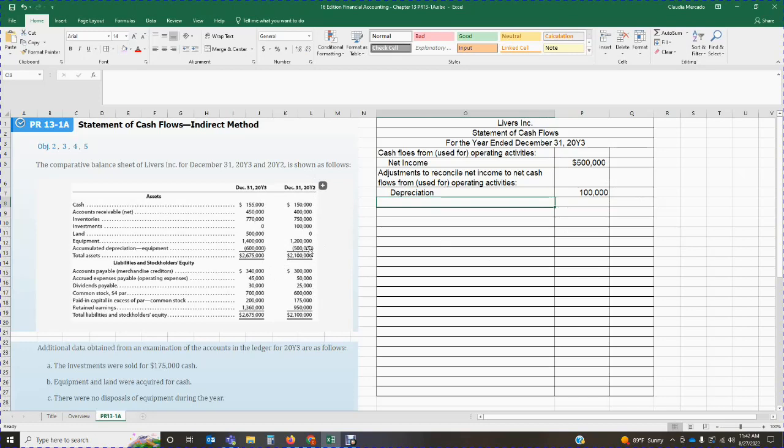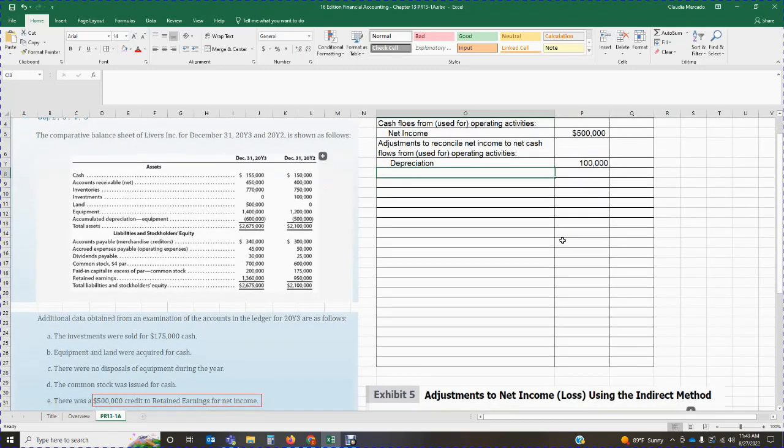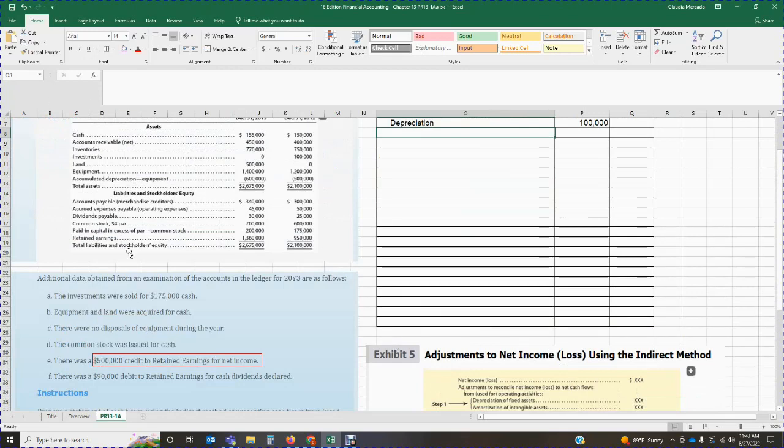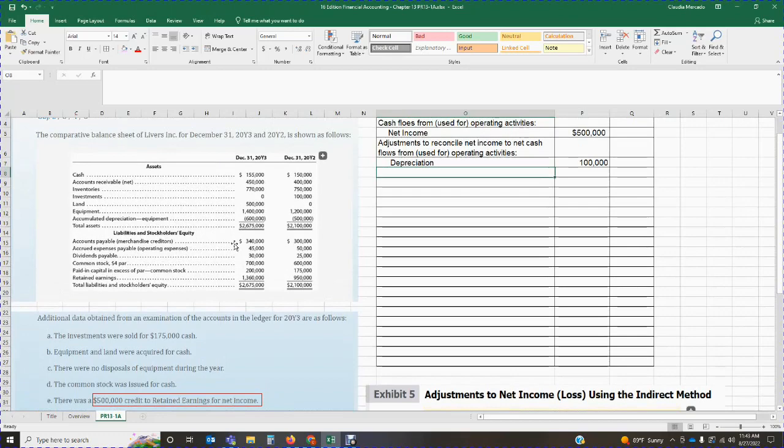So we went from 500 to 600. That means it increased by 100,000. So that is going to be the depreciation for the year. So we're going to add that. Do we have any amortization of intangible assets? We don't have any intangible assets in our financial statement, so we can exclude that.